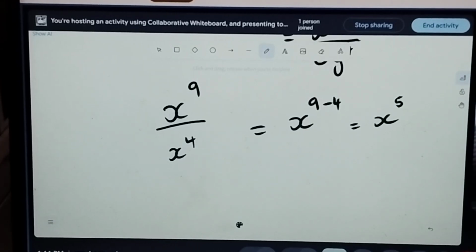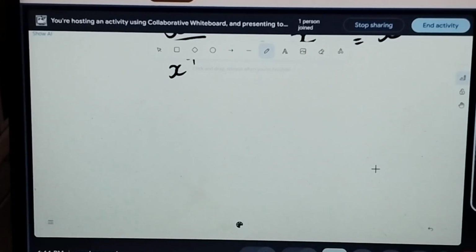So when you're dividing powers, you're just going to be subtracting one power from the other, if the bases are the same. And if it was the other way around, let's say it was x^4 over x^9, then I'd have to keep my x's at the bottom in the denominator.